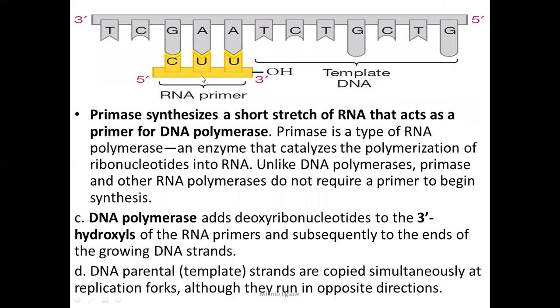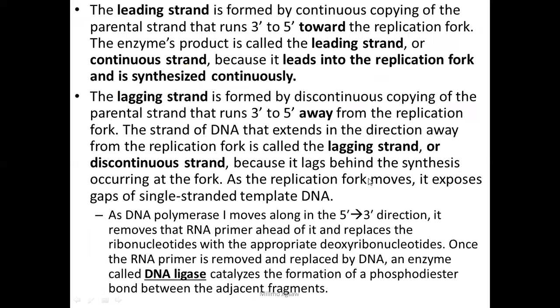So for example, in a DNA molecule, you're not supposed to find uracil, you're supposed to find thymine. So it is going to replace this uracil base with a thymine base. So there you're going to have T. And then there you're also going to have T. And then after that, we have DNA ligase, which is going to join these segments.